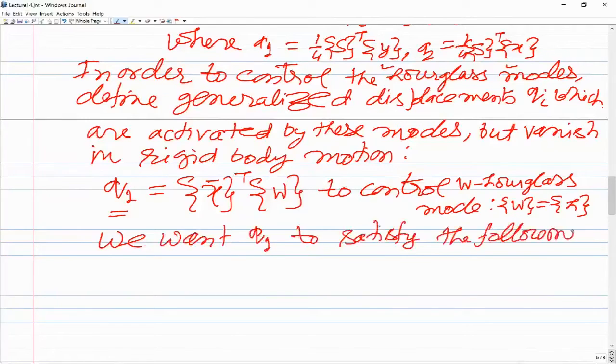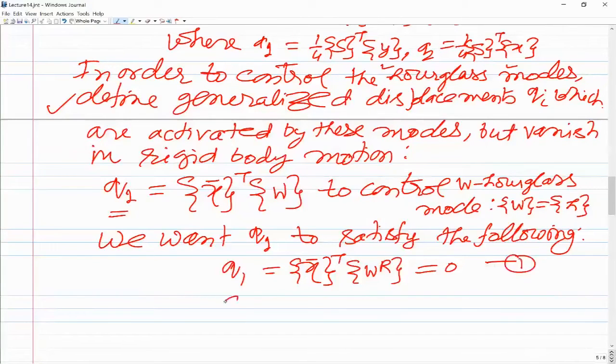When we calculate q1 for the rigid body mode, q1 is equal to gamma bar transpose times wr. Wr means rigid body mode, so this is 0. Let me call this equation 1. And when we calculate gamma bar transpose times wh, wh meaning hourglass, this will not be equal to 0. Let us say this is equation 2.